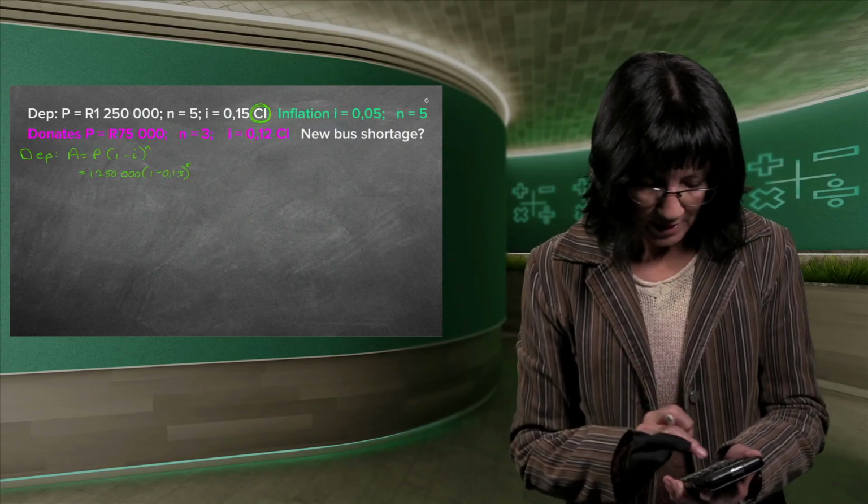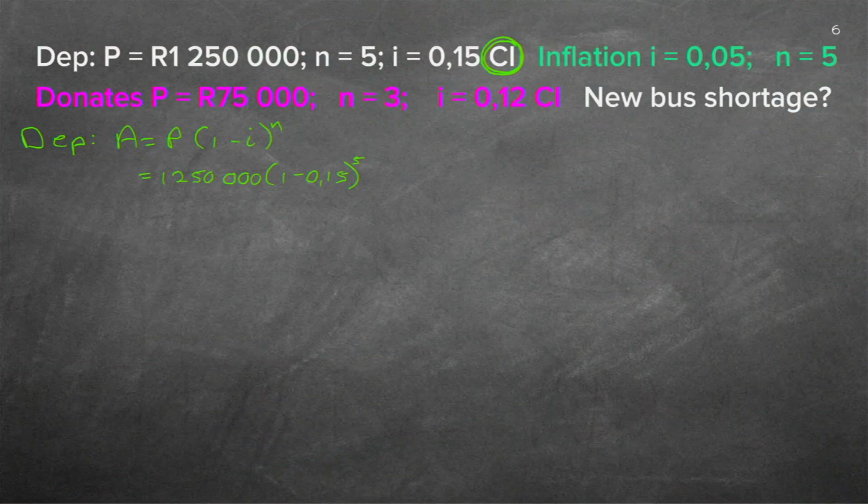Bracket 1 minus 0.15, close your bracket, to the power of, is that x with the little box on top, to the power of 5, equals, and it gives me 554,631 rand and 64 cents.